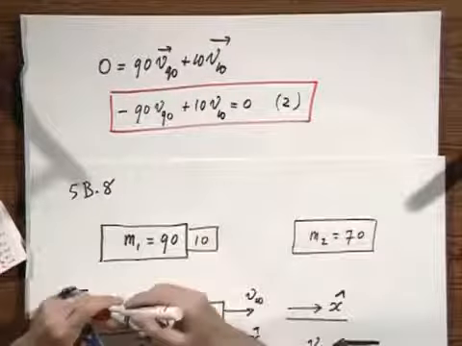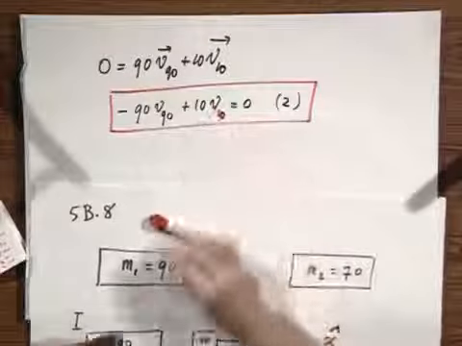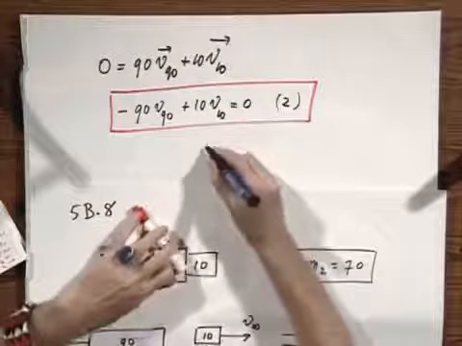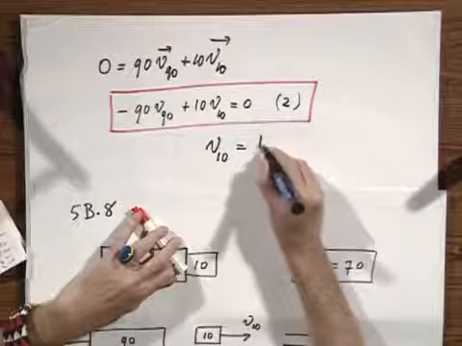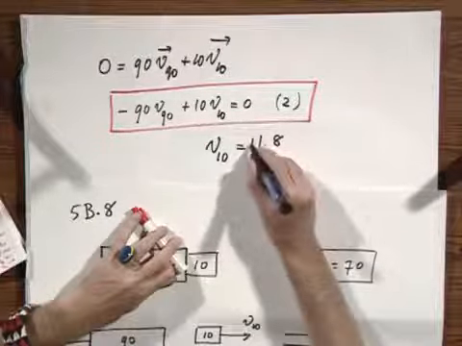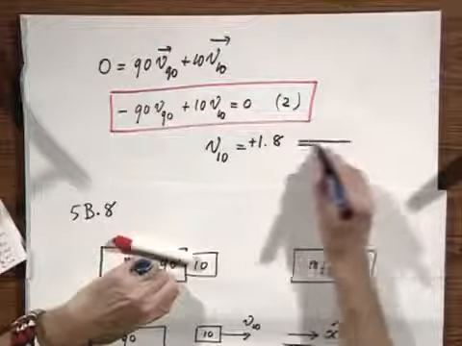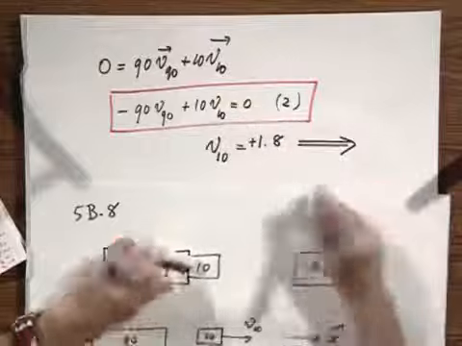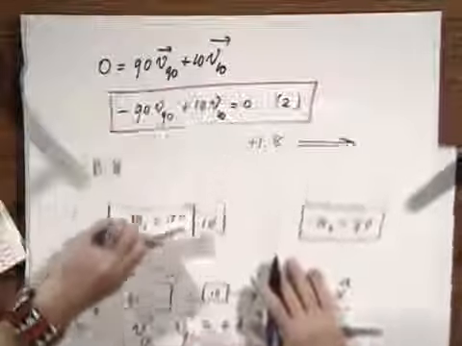Well, I have now two equations with two unknowns, and what do I find? I find when I solve it that V10 equals 1.8. It better be positive. If it doesn't come out positive, I would have made a mistake, because the numbers I've put in are speeds.